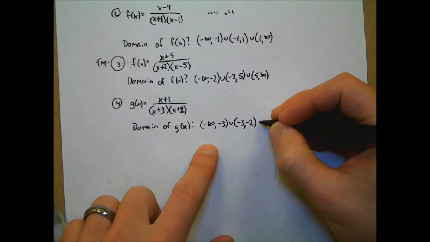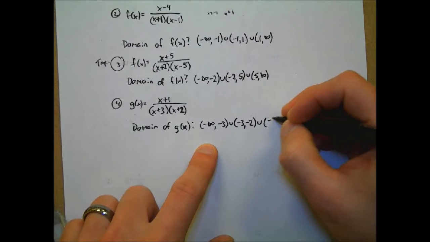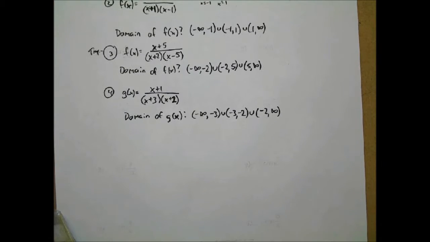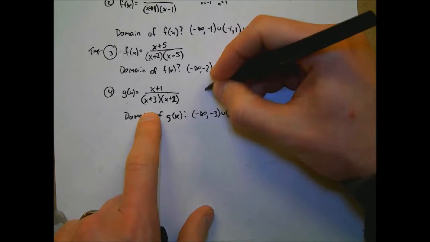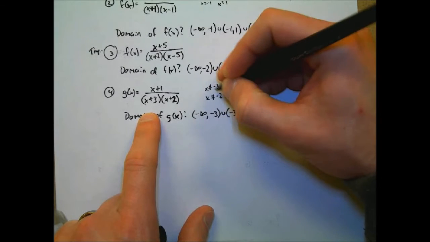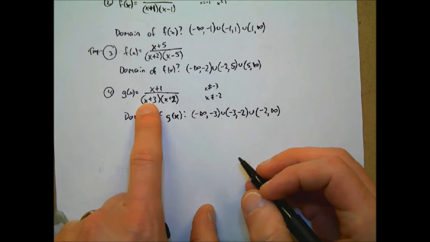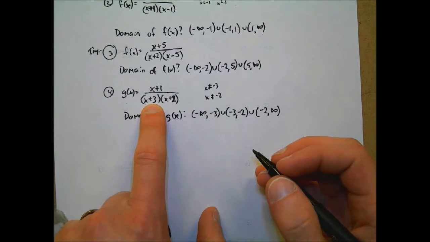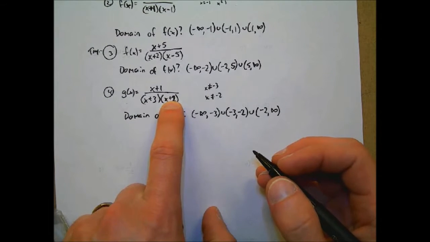And then we go from negative 2 to infinity. Again, because x cannot be negative 3, x cannot be negative 2. Negative 3 would give us 0 here, which would make us 0 in the denominator. Divide by 0, no good. Negative 2 here would give us 0 in the denominator. Again, no good.